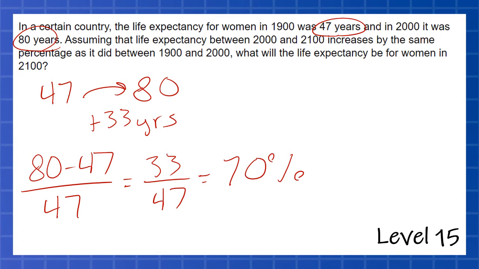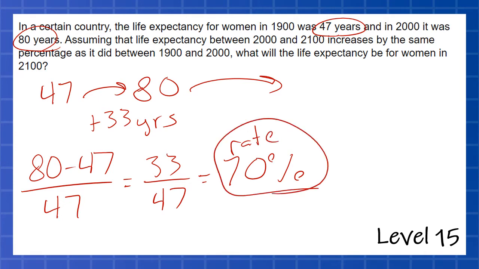Now here's the catch. If it says it's going to keep increasing for another 100 years, if it keeps increasing at the same rate, does that mean it's going up the same number of years? Does it go up 33? Well, no, because it's not going up by 33 years each time. It's going up at the rate of 70%.